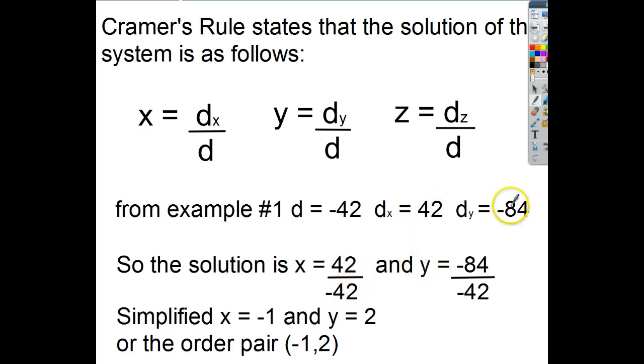And y is equal to the D sub y, 84, over the D answer, which is negative 42. 42 over negative 42 reduces to negative 1. 84 over negative 42 reduces to negative 2, and we get our solution to the system, the ordered pair negative 1, 2. Okay?